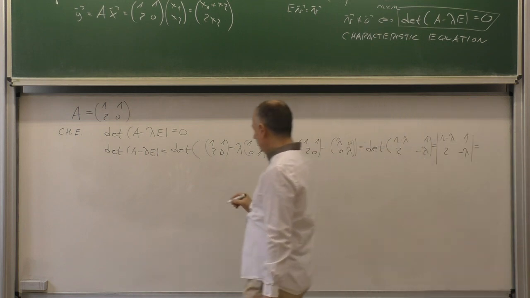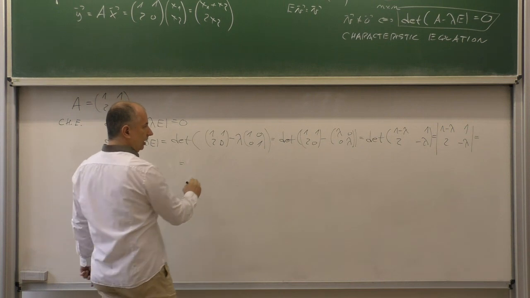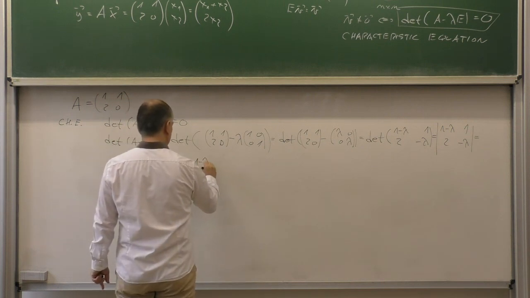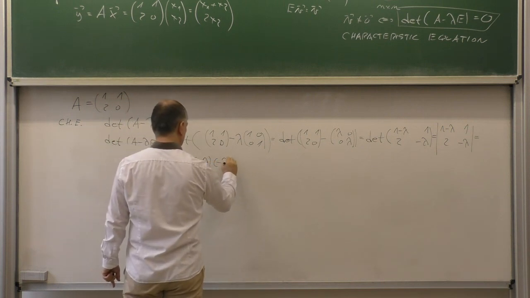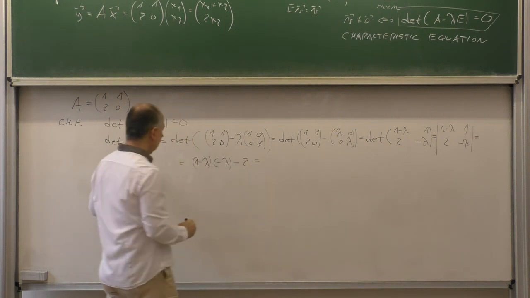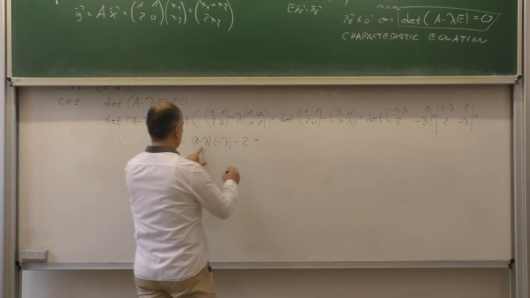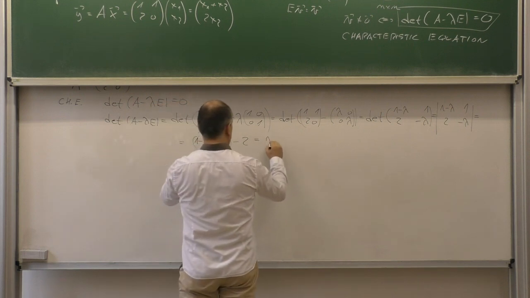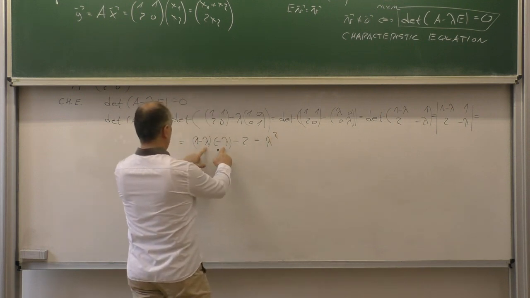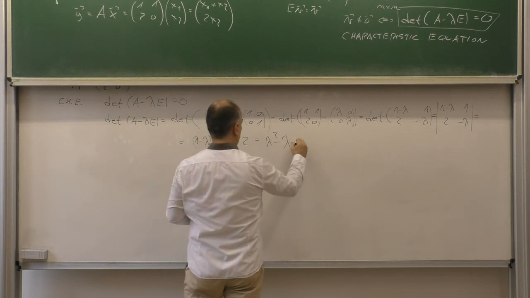And this is 1 minus lambda times minus lambda, minus 1 times 2, which is 2. And this can be simplified to lambda square minus lambda minus 2.